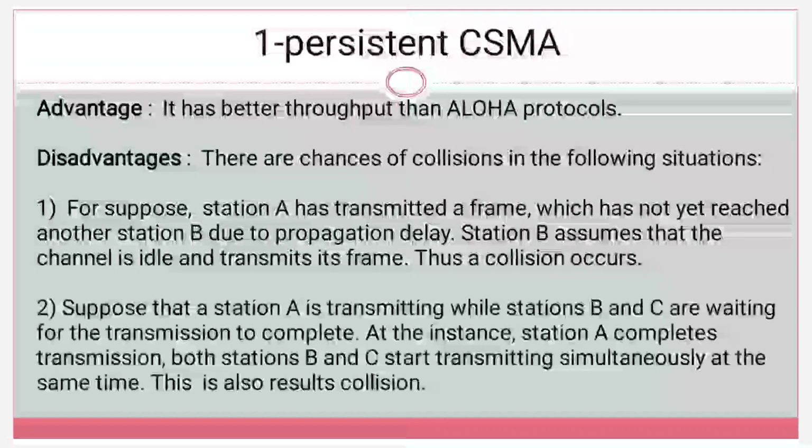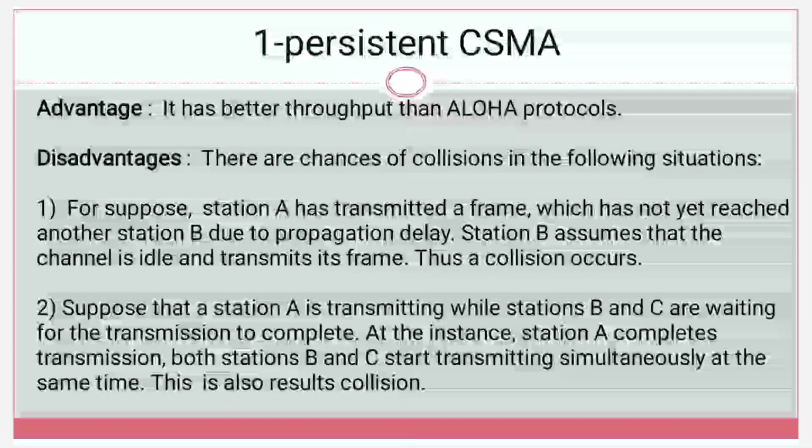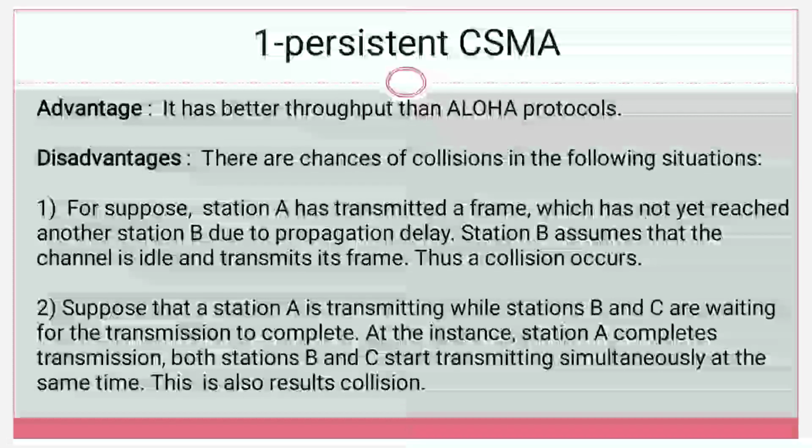Another one is, suppose that station A is transmitting while station B and C are waiting for the transmission to complete. At the instant station A completes transmission, both station B and C start transmitting simultaneously. So three stations are there.